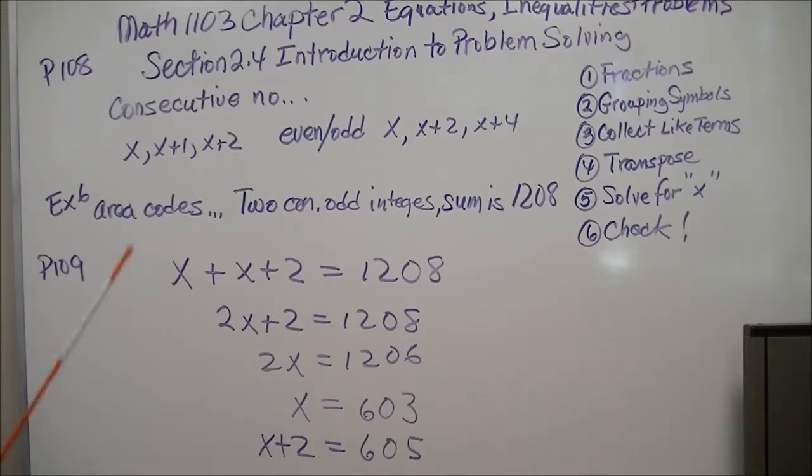They wanted to know what were the area codes. So 603 is the first one. You add 2 to it to get 605. And then you've met your required answer in a sense. You put all parts of it there. And if you add those up, they add up to 1208.